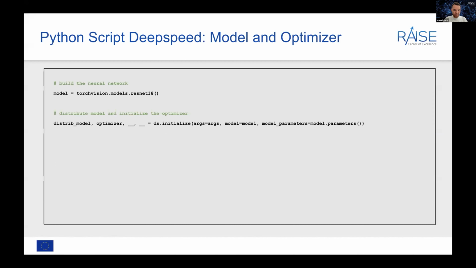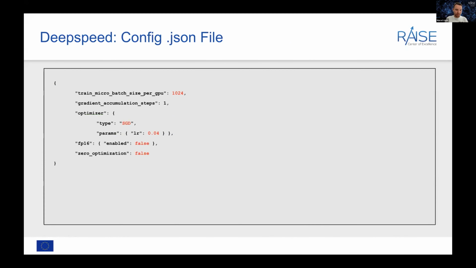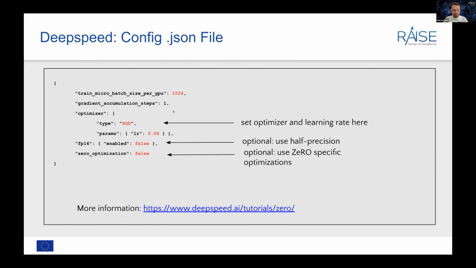As you see, I don't have an optimizer specified here. Instead, I do it in this separate JSON file. Here you can set the type of optimizer you want to use and the learning rate again. Again, keep in mind to scale it with the number of workers. You can already, just from this JSON file, enable half precision, which will usually speed up your training process.